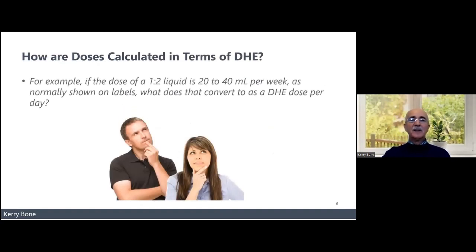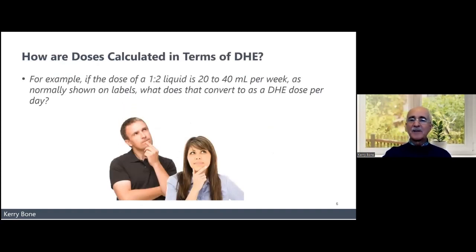For example, if the dose of a 1 to 2 liquid is 20 to 40 ml per week, which is normally shown on labels, at least in Australia, what does that convert to as a dried herb equivalent dose per day? Because generally we're looking at DHE per day as our guiding number.